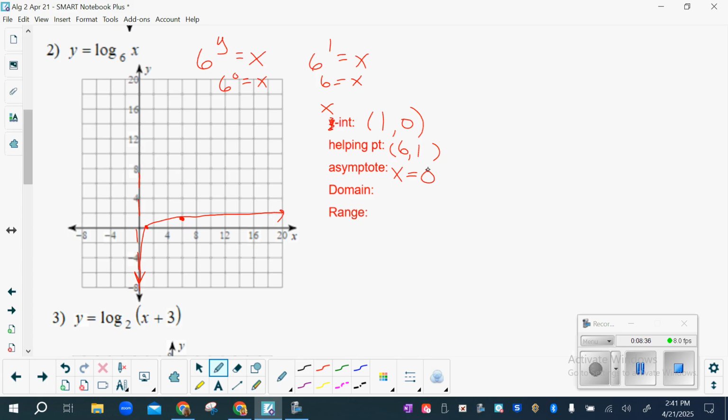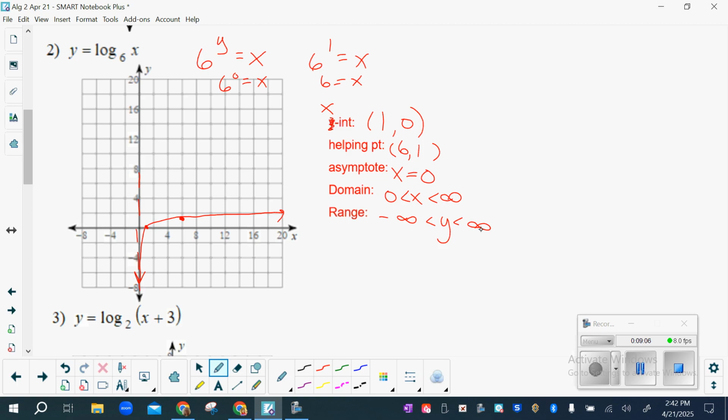So my domain here: 0 is less than x, less than infinity, and then what about my range?